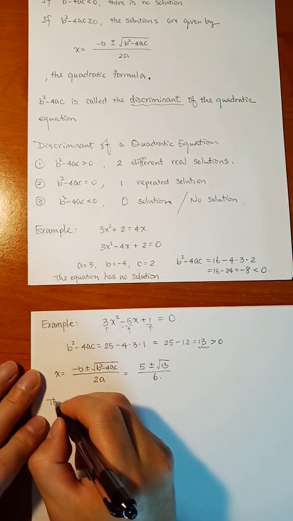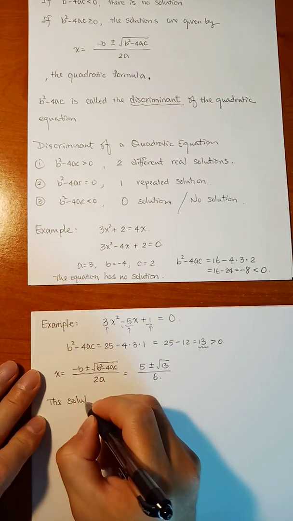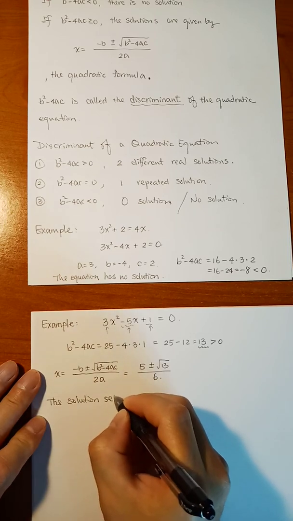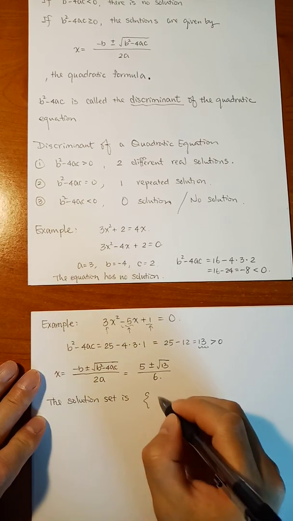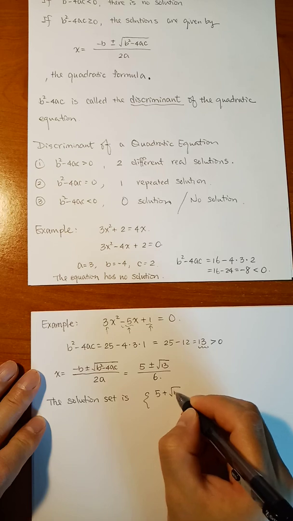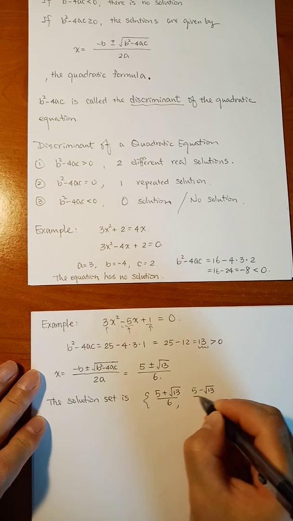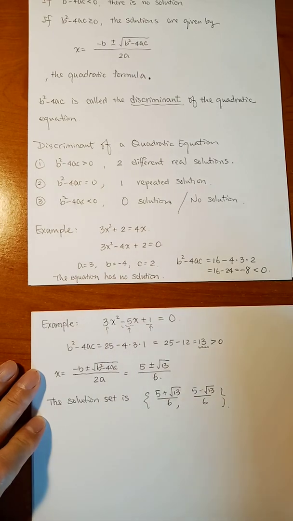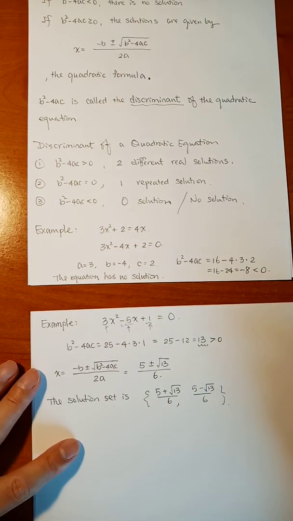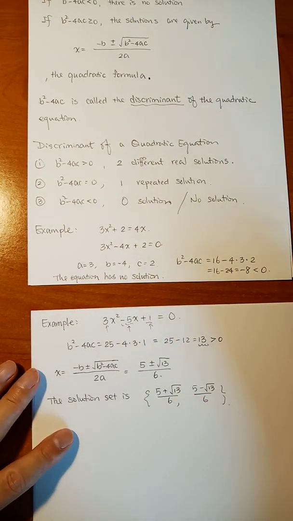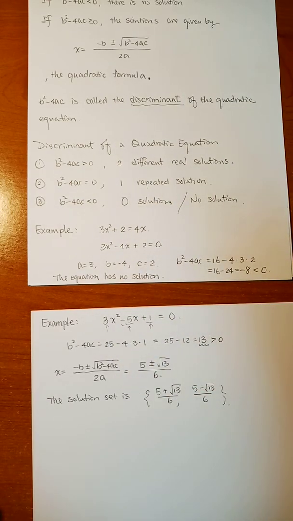So the solution set is 5 plus square root of 13 over 6 and 5 minus square root of 13 over 6. That's it. You see, very, very fast if you memorize the formula correctly.